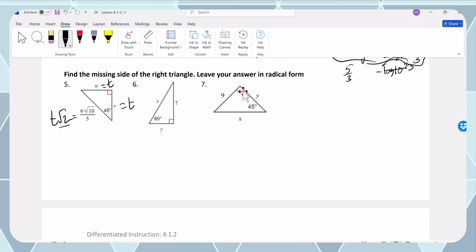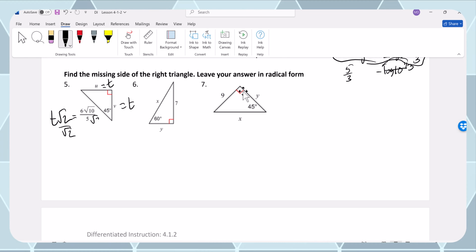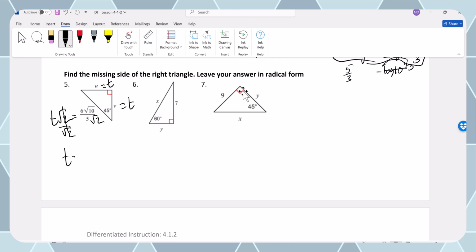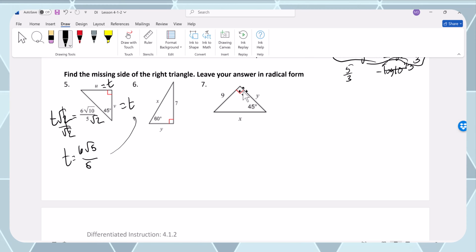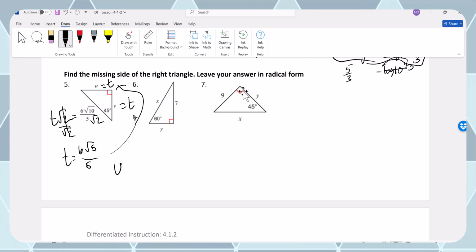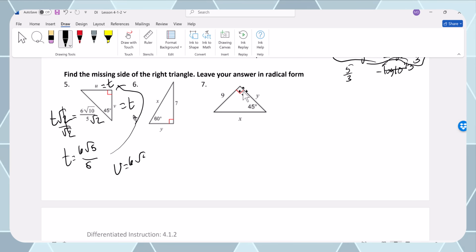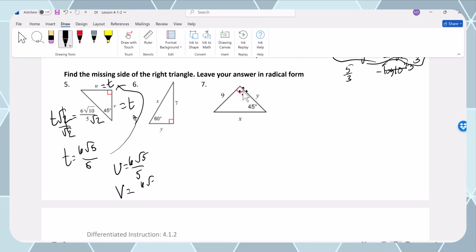So I can solve for this by dividing both sides by root 2. So t is going to be 6 root 5 over 5. So that means I can plug that back in for t for the rest. And v equals 6 root 5 over 5.